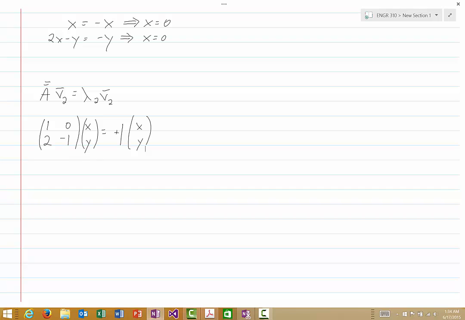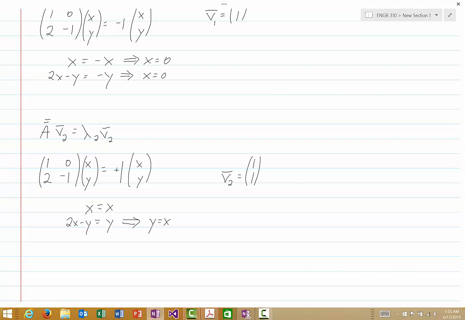And so this gives us x equals x, and 2x minus y is equal to y. Now the first equation doesn't tell us anything, but the second equation, if we add y to each side, tells us that y is equal to x. And so therefore for v2, a convenient choice is 1, 1.